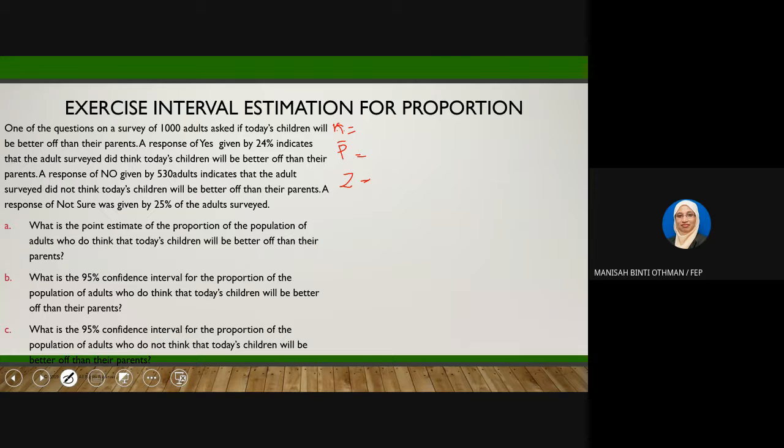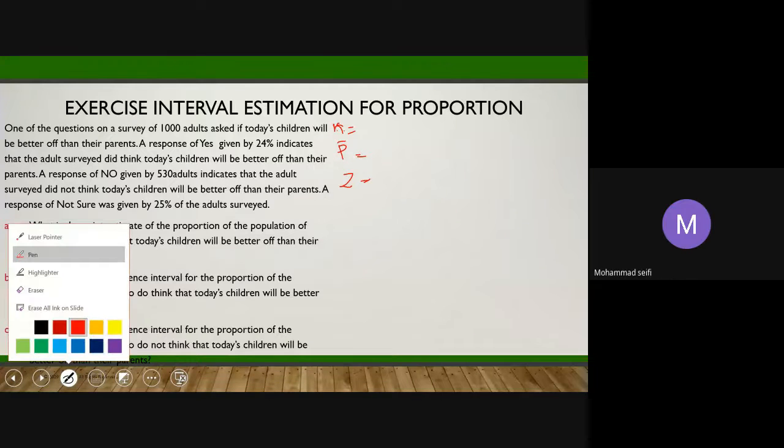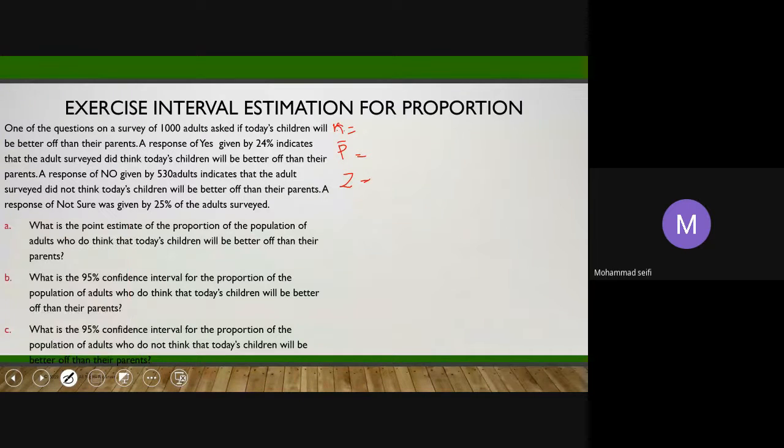How many adults think today's children will be better? 470. How did you get 470? Because 530 people said no. Oh, yes. So be careful. Now you have 1,000 adults. Remember, you have 3 responses here: yes, no, and not sure.